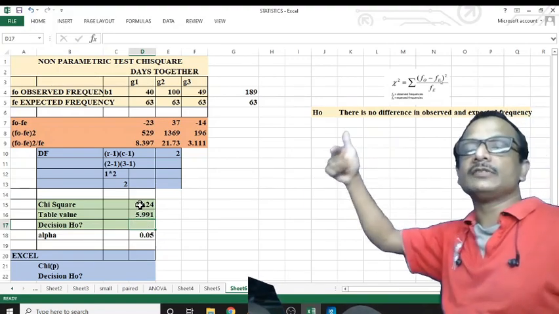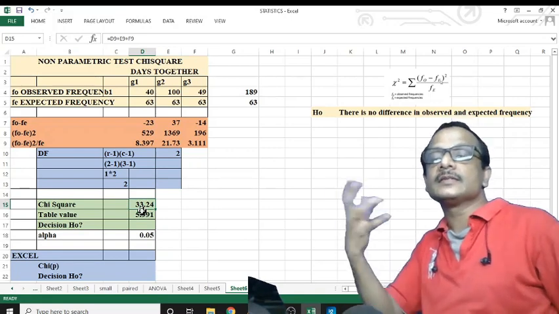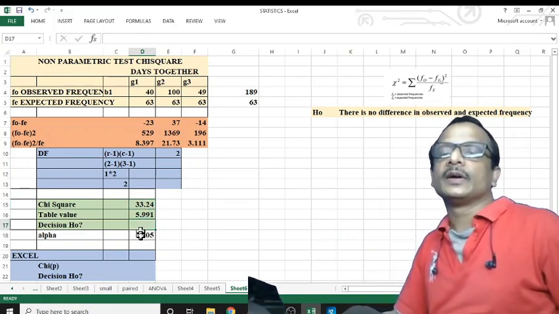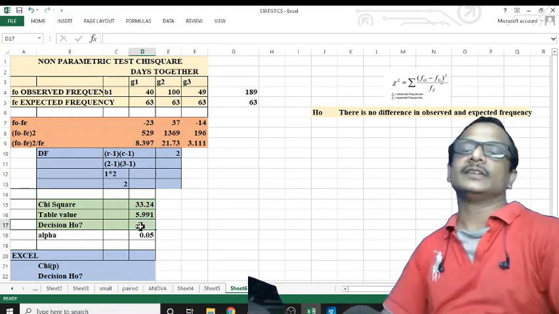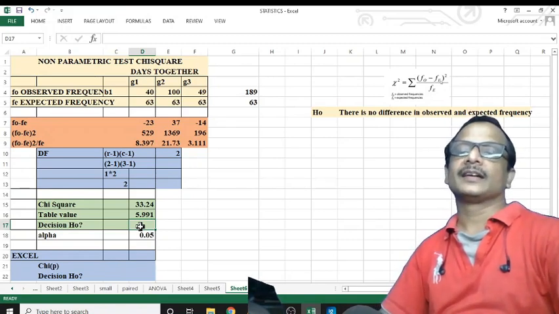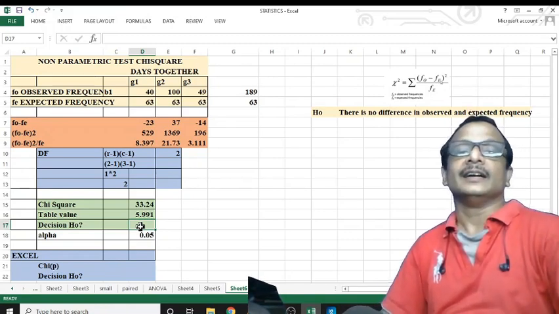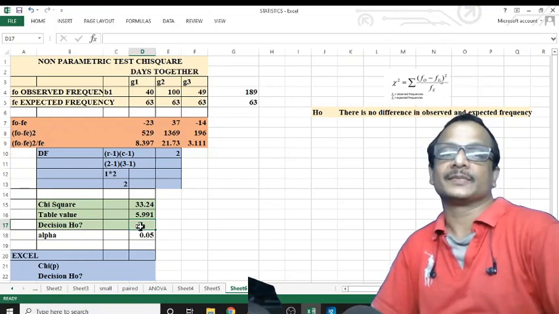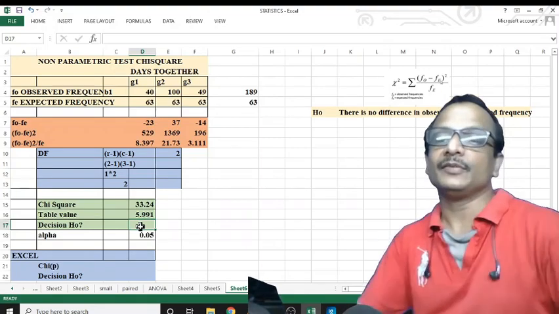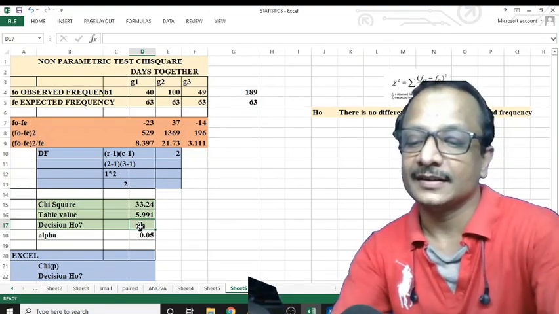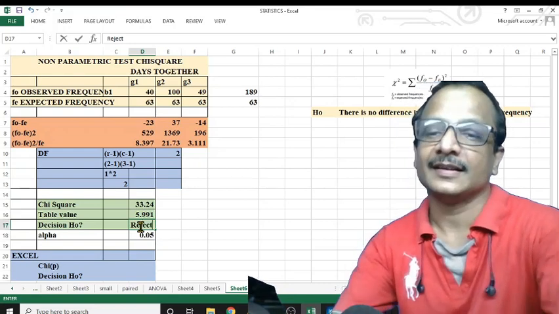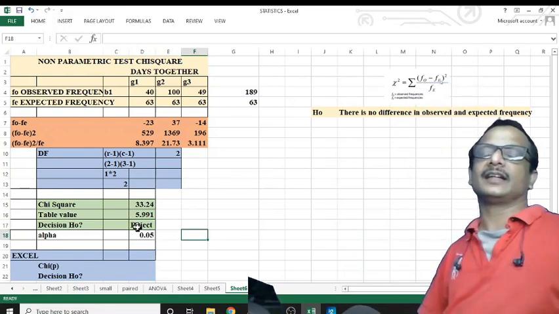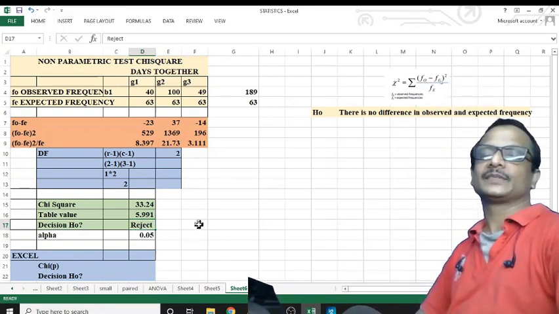If the obtained value is greater than the table value, what is the decision? There is a difference. That means we have to reject the null hypothesis.